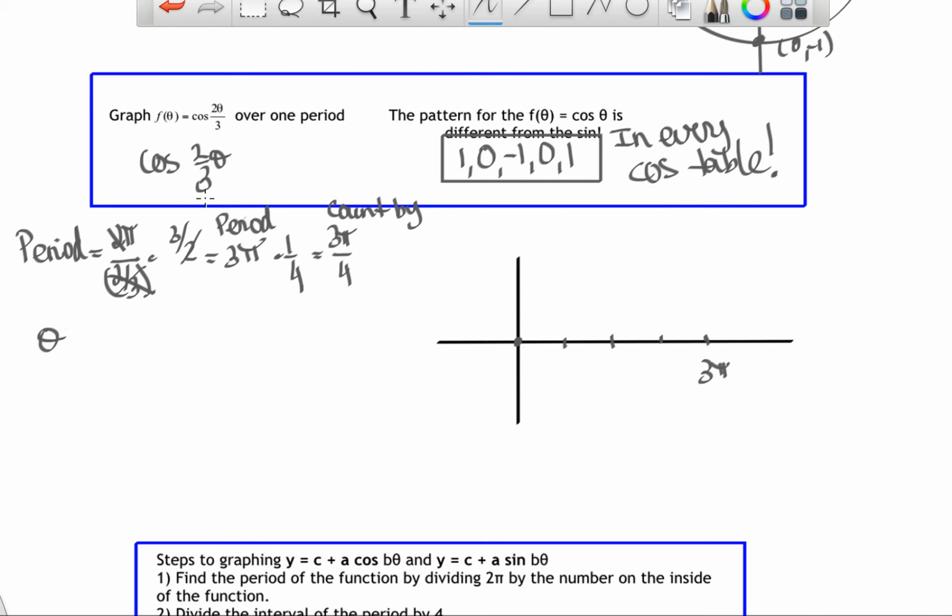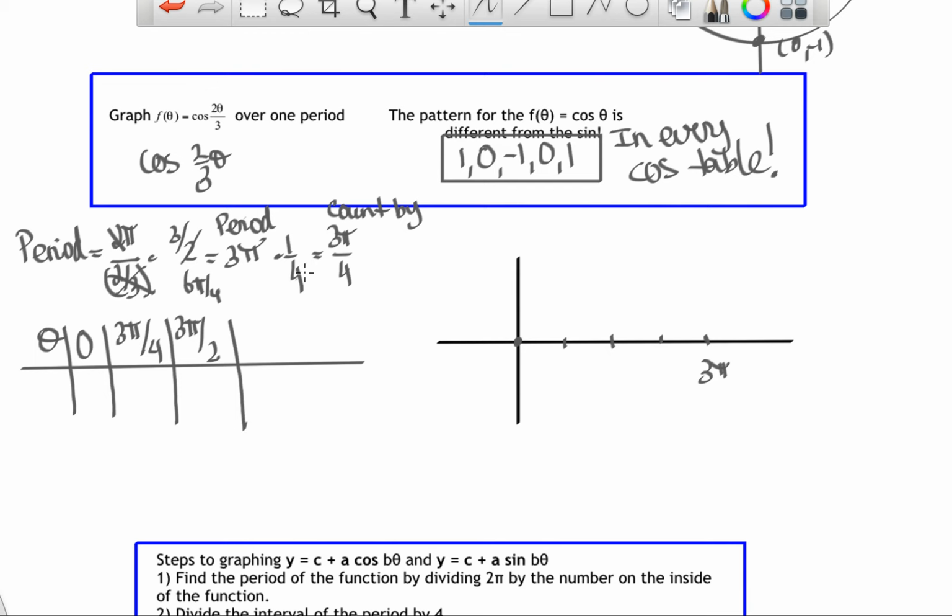So theta. See if we can make the lines a little neater. We're going to count by 3 pi over 4. So the first one, we start at 0, plus 3 pi over 4. So 6 pi over 4, which is 3 pi over 2. And 6 pi over 4, right?